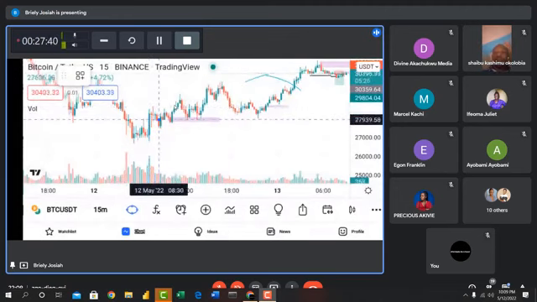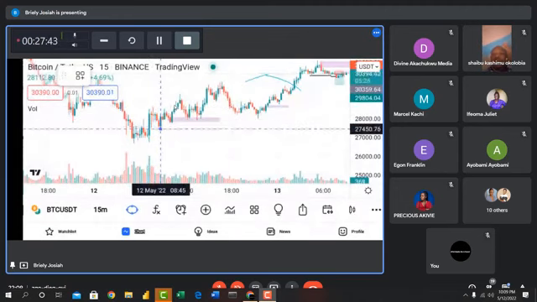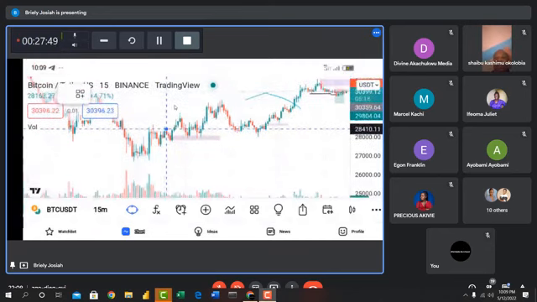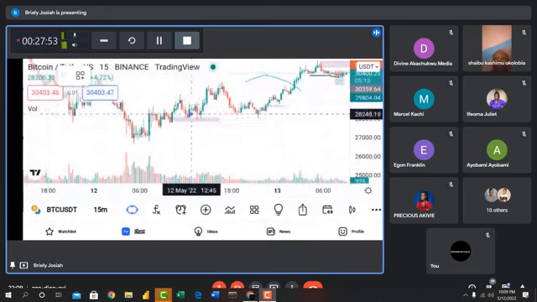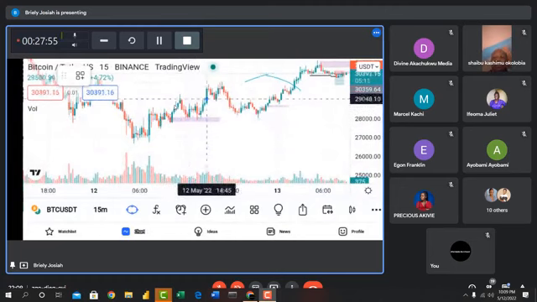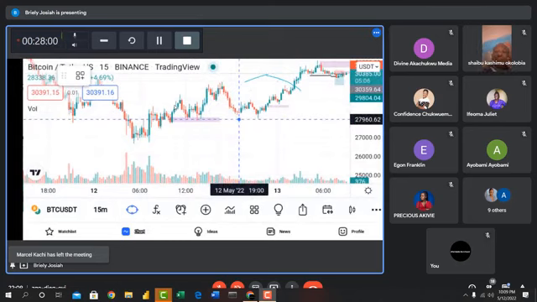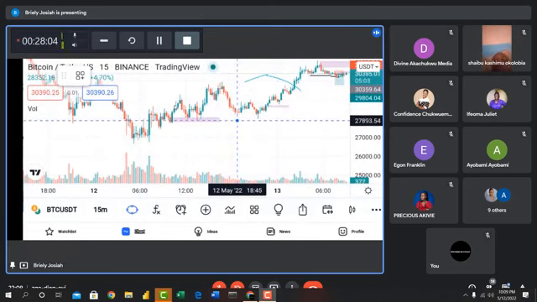When price comes down, this is your higher low. Price goes up, same thing. Higher high, comes down, higher low. Goes up, higher high, comes down, higher low. So once you say anything like higher high, higher low, it means it's an uptrend.